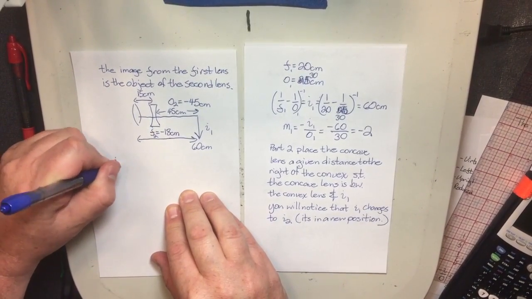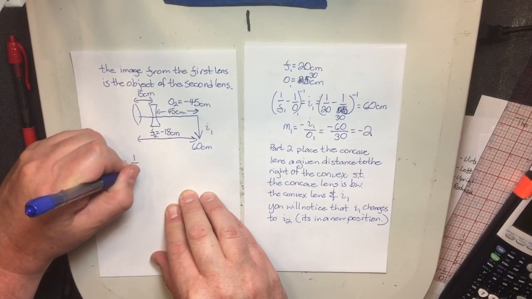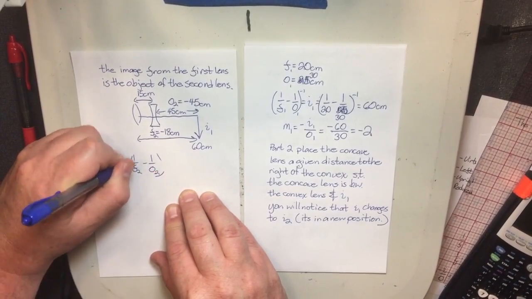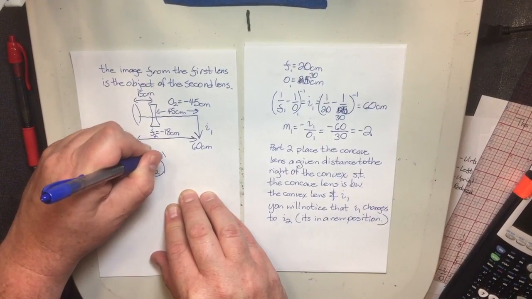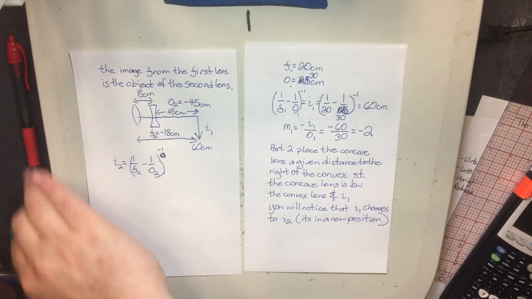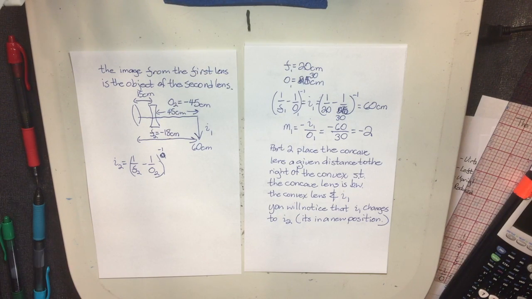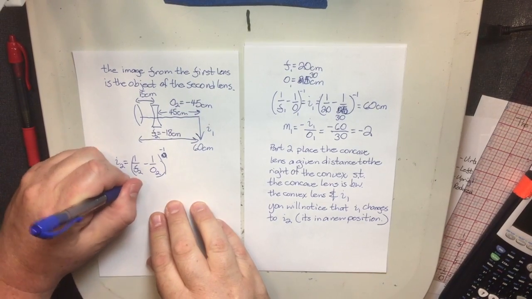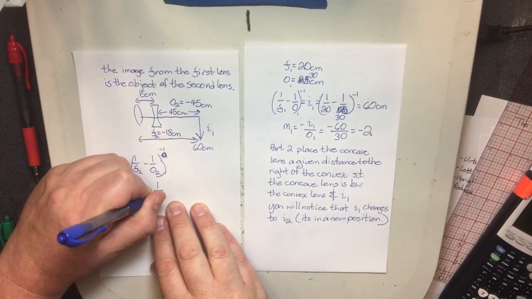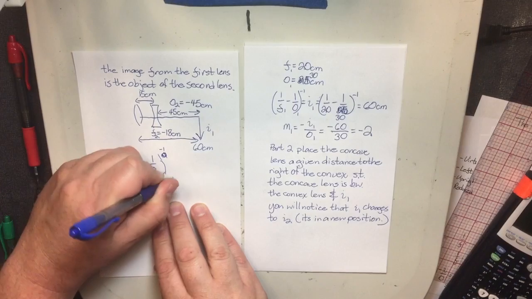So I2 is equal to 1 over F2 minus 1 over O2, inverted. Plug in the numbers: 1 over negative 18 minus 1 over negative 45, inverted.